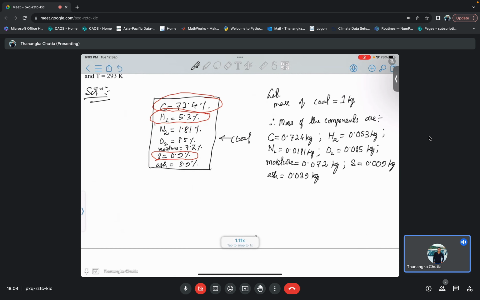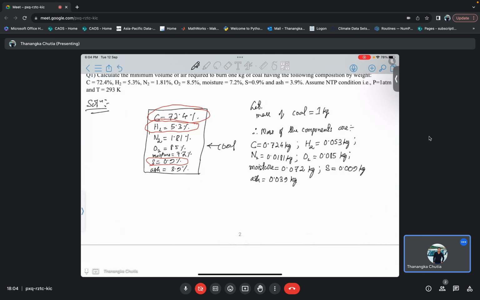Now we know that combustion or burning takes place in the presence of oxygen.